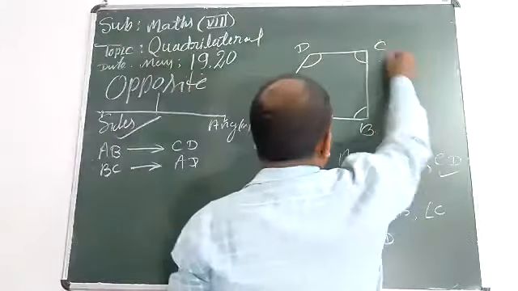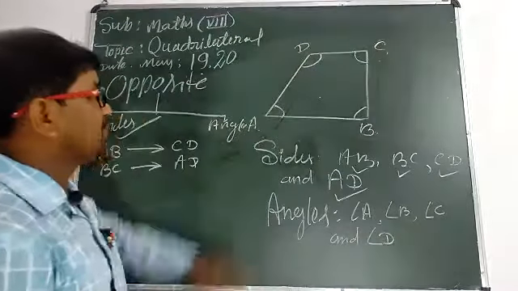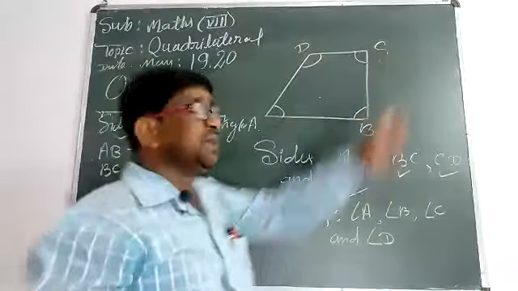If you are thinking about side BC, its opposite side is AD, and the opposite side of AD is BC.